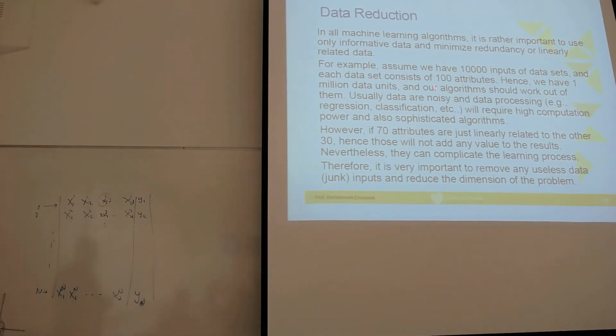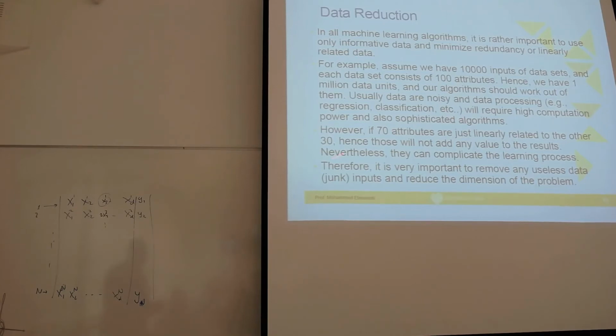In this example, if we have 10,000 data samples, and each consists of 100 attributes, then we will have about 1 mega data units that we need to teach our machine learning algorithm.